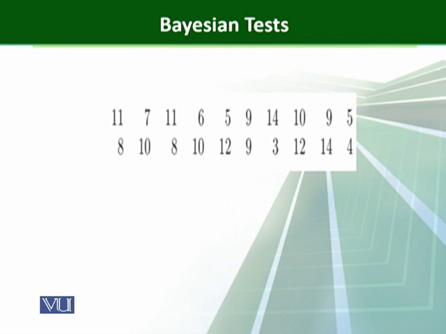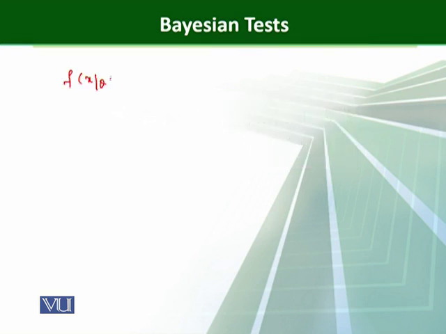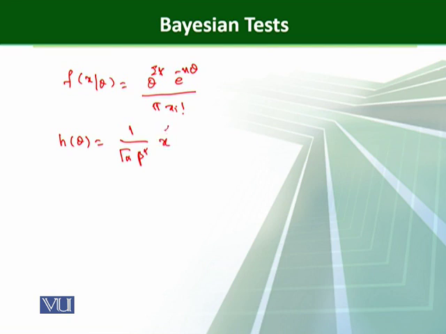Now first of all we have to find the likelihood of the sampling model, that is f of x given theta, which is theta raised to the power sum x e raised to the power minus n theta divided by product of xi factorial, and the PDF of the prior distribution, denoted by h of theta, which is a gamma distribution, that is 1 over gamma alpha beta raised to the power alpha, the general PDF, theta raised to the power alpha minus 1 into e raised to the power minus theta over beta.